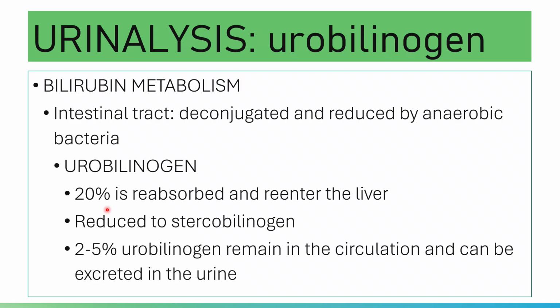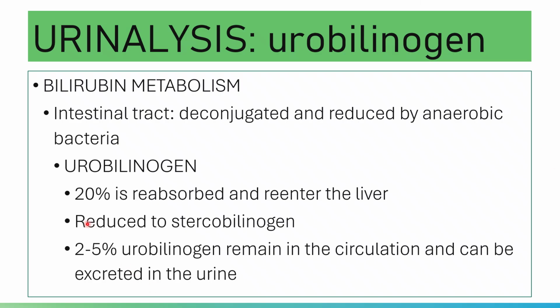Other than that, urobilinogen is reduced to stercobilinogen, and the remaining 2 to 5% of urobilinogen remains in the circulation and can be excreted in the urine.